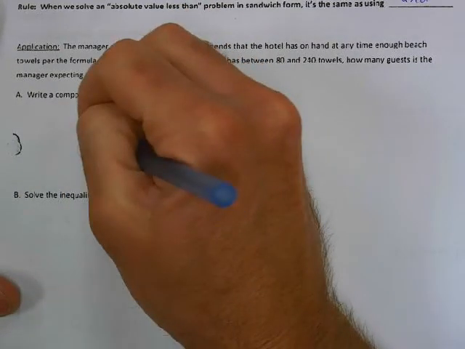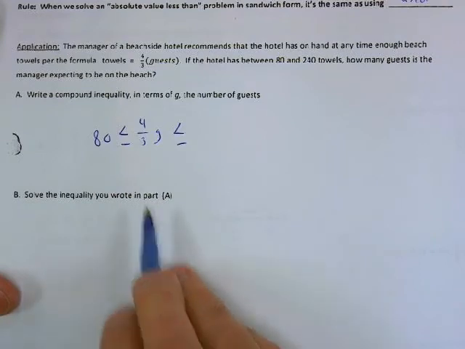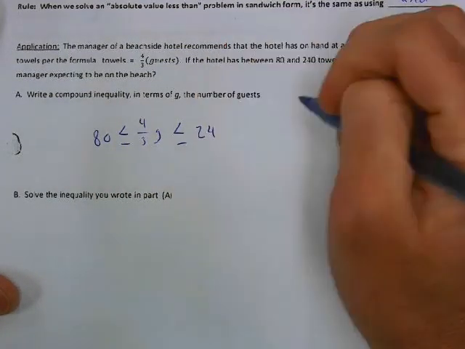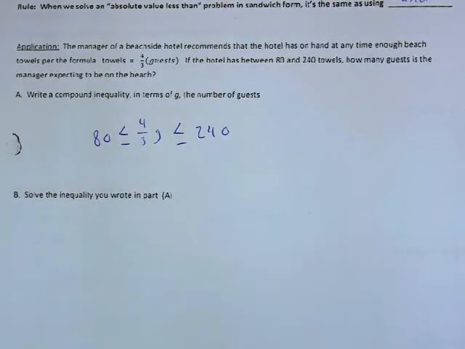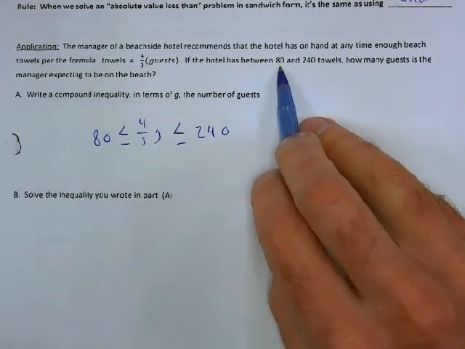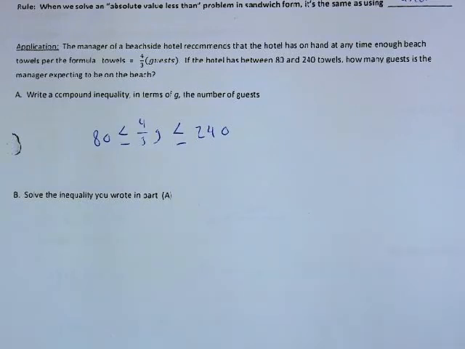So less than 80. Sorry, greater than or equal to 80. And then at the most, it's got to be less than or equal to 240. Okay? So basically, it's going to be the fraction times your variable, and then these are going to be your small number and your big number.